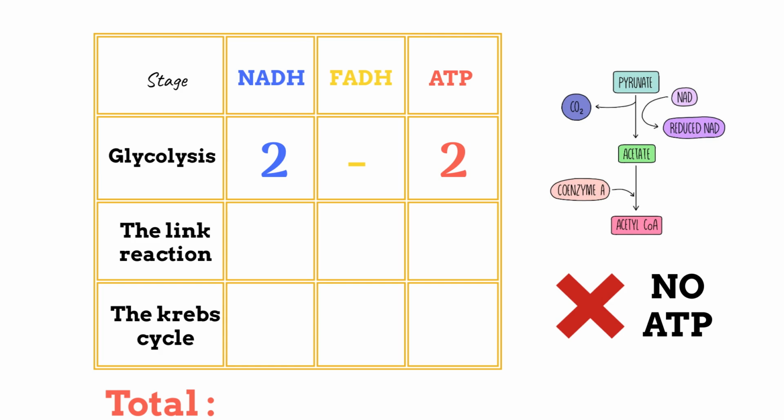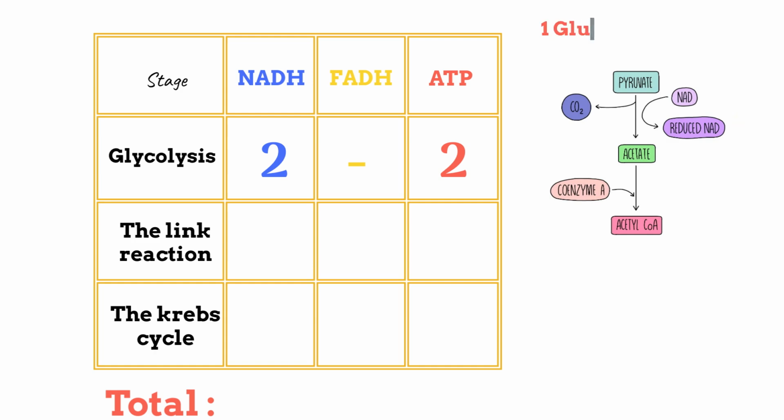One cycle of the link reaction produces only one reduced NAD. But since one cycle of the link reaction involves only one pyruvate, and one glucose is 2 pyruvates, 2 link reactions happen for every glucose. Therefore, the yield of the link reaction for one glucose molecule is 2 reduced NADs only.